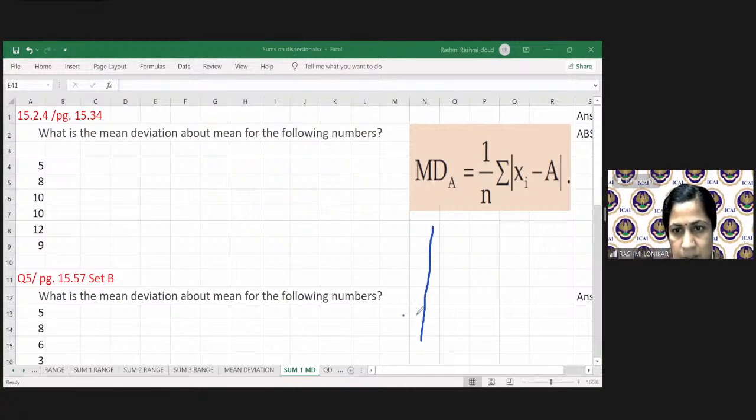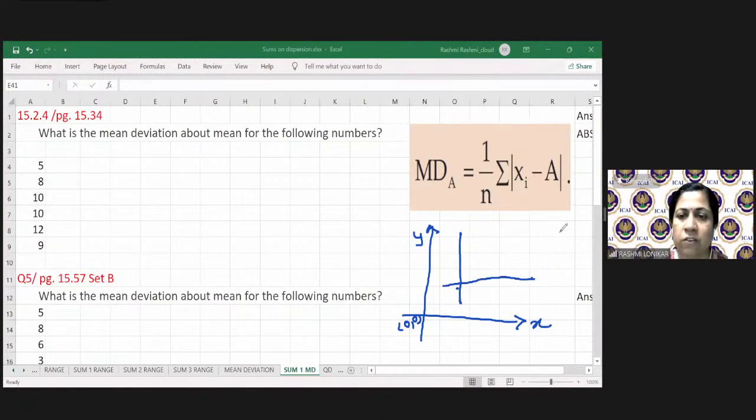See, if I have this as my x axis and this is my y axis. Okay, so I have this as 0 0. Now I see that all my numbers are in hundreds, so what I do, I shift my origin, so to say 100.